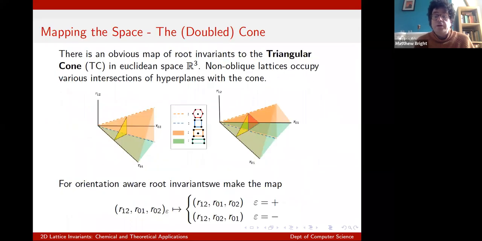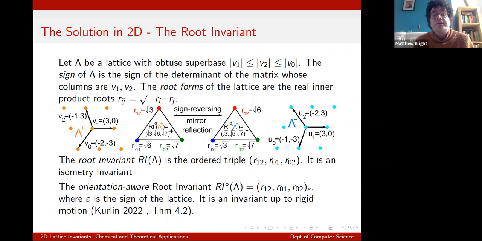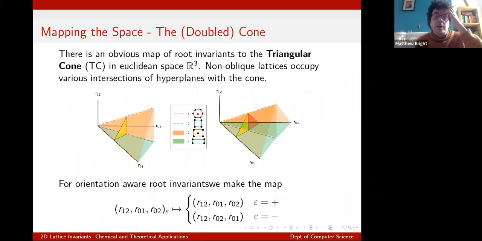We've then gone through various algebraic definitions of how you get a root invariant out of that. Essentially, it's the roots of the inner products of the vectors of the obtuse superbase, and that gives you a point in three-dimensional space.